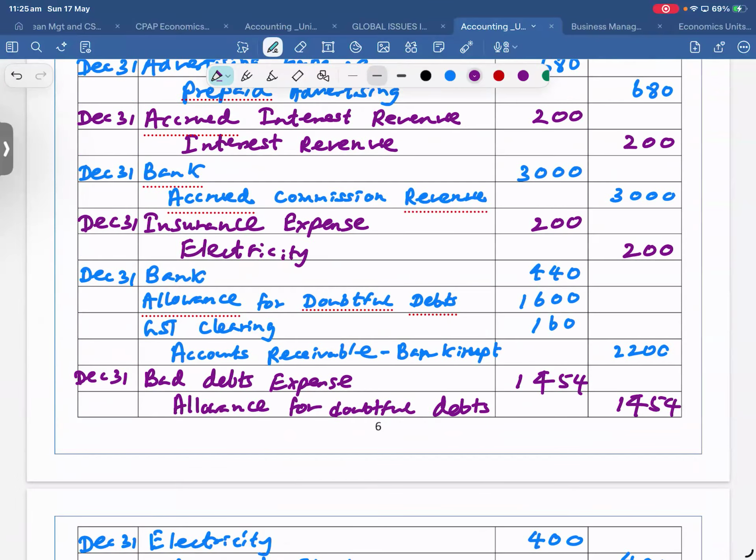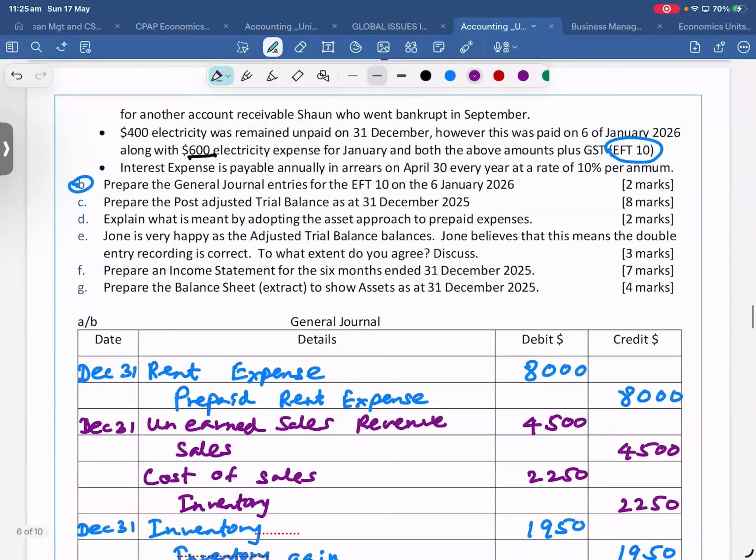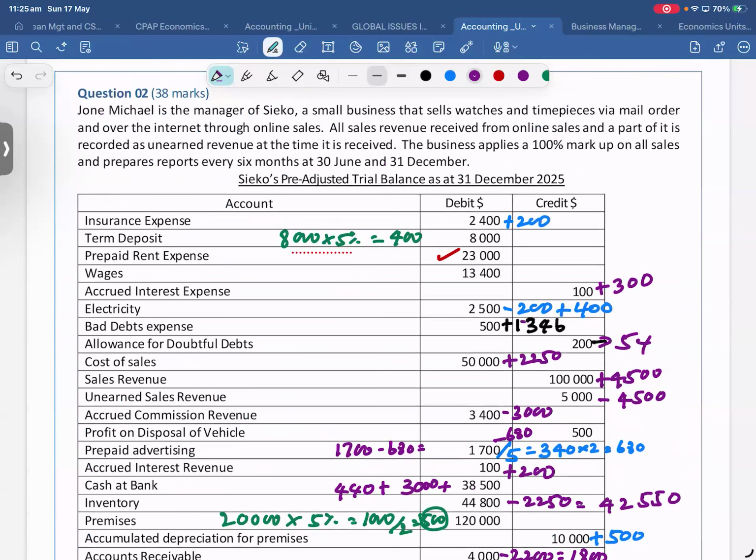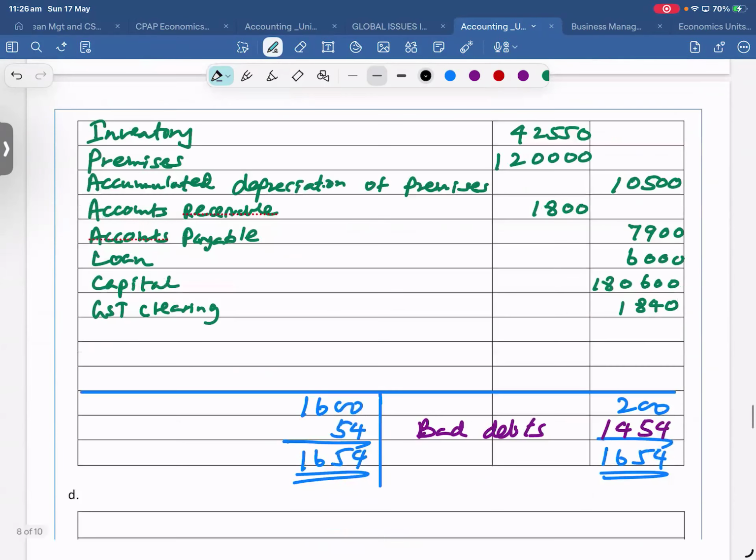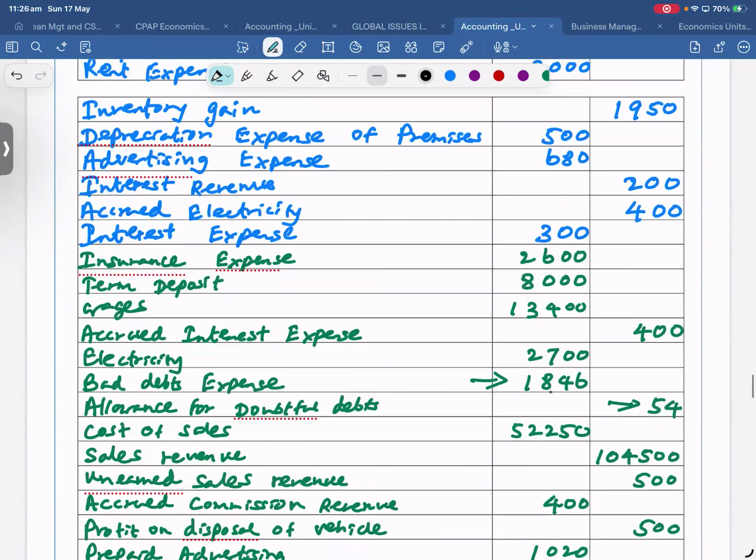And then in the bad debt expense, we had to add 1454, 1954. The balance in the post adjusted. This one. Yeah, now it should be correct. Yeah, please change these two.